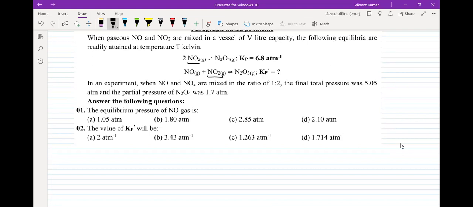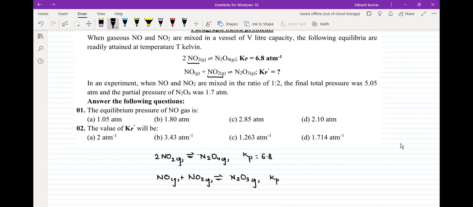So now if you see this reaction, the first reaction is 2NO2 gas, that is giving you N2O4 gas, and its Kp is given, that is 6.8. I'm not writing the unit. Then the second reaction is NO gas plus NO2 gas, and that is giving you N2O3 gas, but we don't know the Kp of this reaction.